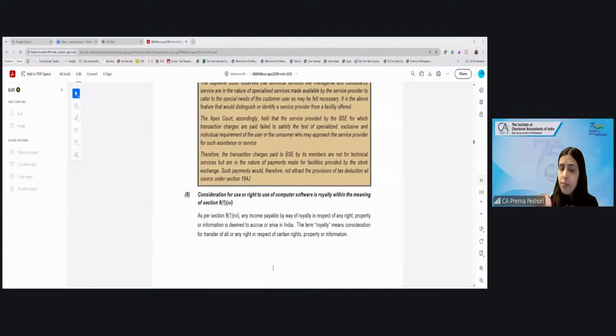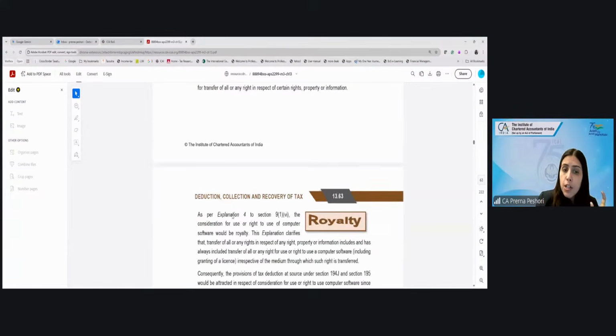Next is consideration for the use or right to use a computer software. Is it royalty? So when you buy a computer software, whether you can say that you've got the right to use the computer software, because the definition of the royalty includes, as per explanation 4 to 9(1)(vi), the consideration for use or right to use a computer software would be royalty.